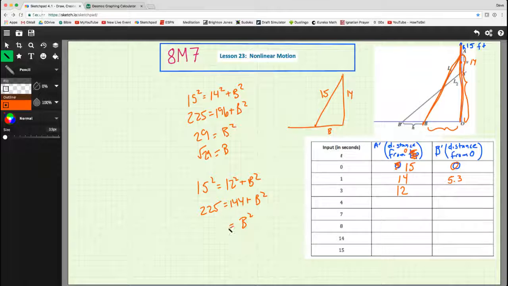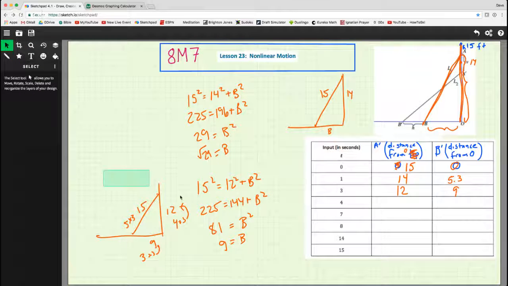B squared equals 81. So b equals 9. Well, that's neat. We have a 12, 15, 9 triangle, which is a multiple of a 3, 4, 5 triangle, if you recall. Times 3, times 3, times 3.